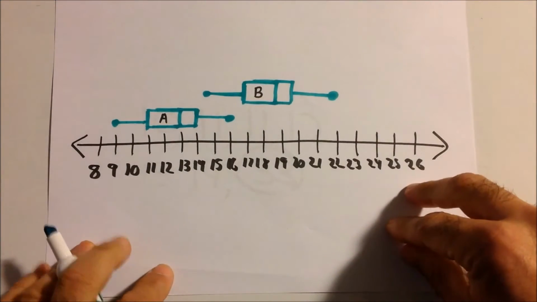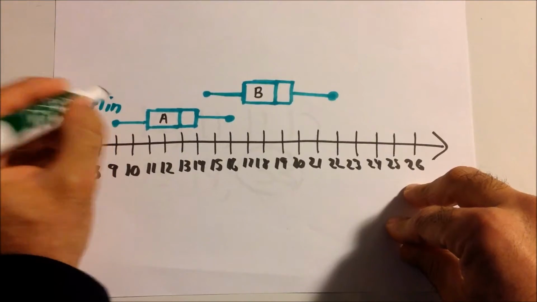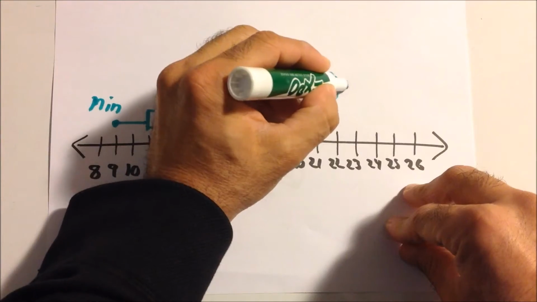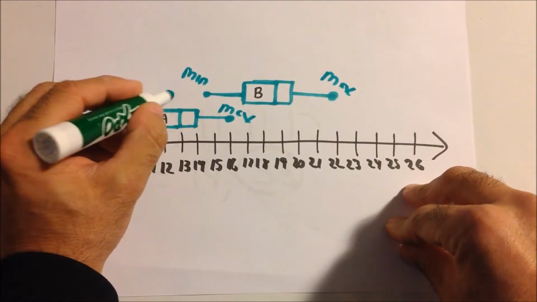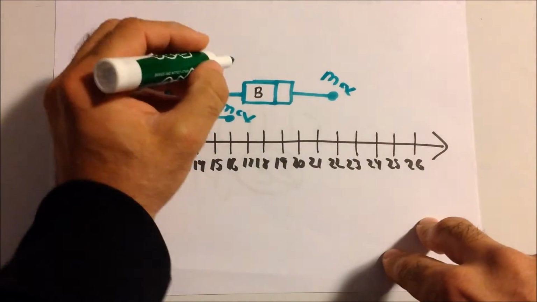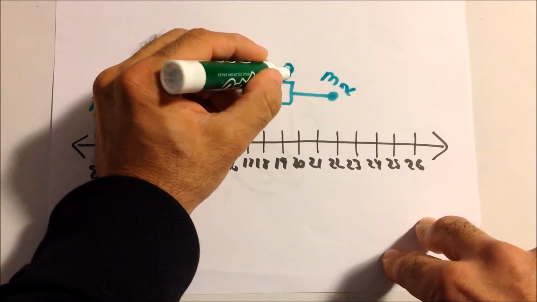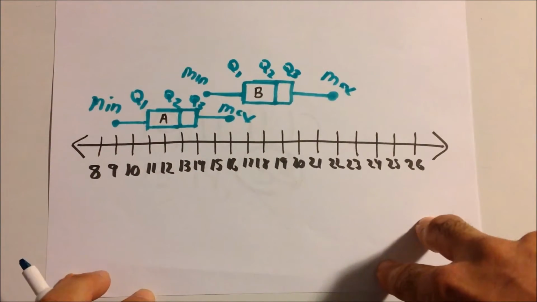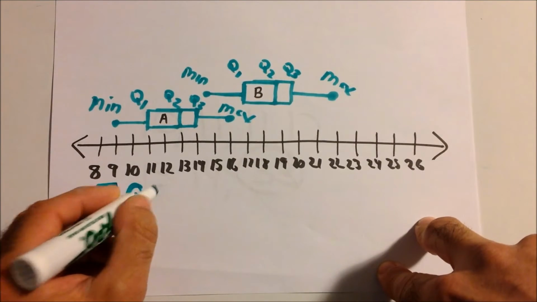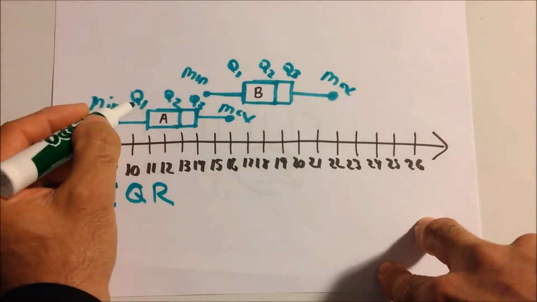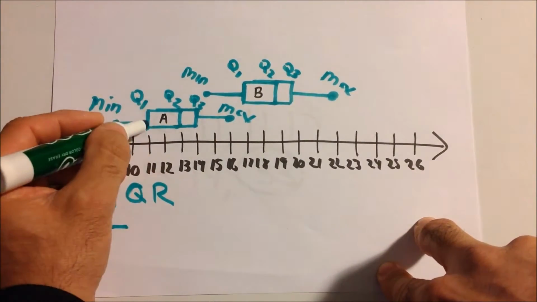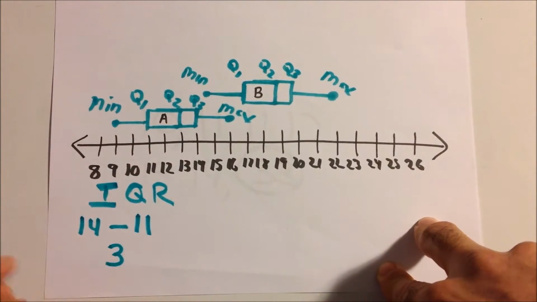Okay, so if we label these, this is the minimum, that's the maximum. Then we have the lower quartile, Q1, Q2 is the median, Q3 is the upper quartile. So we labeled them. So for A, if we want to find the interquartile range, the IQR, Q3 minus Q1, so we have 14 minus Q1 is 11, so that's 3.